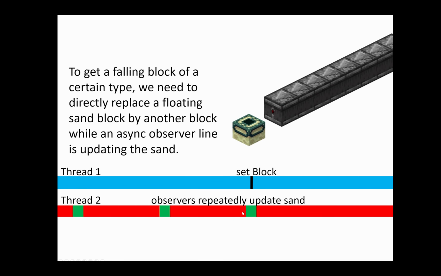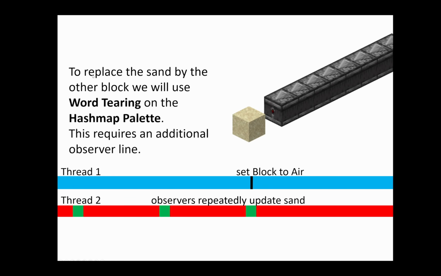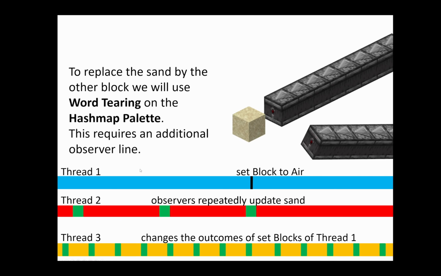While the observers update the sand, we also do a set block or use some other way to change the block, and then we can get a falling end portal frame. And to replace a sand, we won't actually use a set block, but we will use word tearing on the Hashmap palette. And this requires an additional observer line.